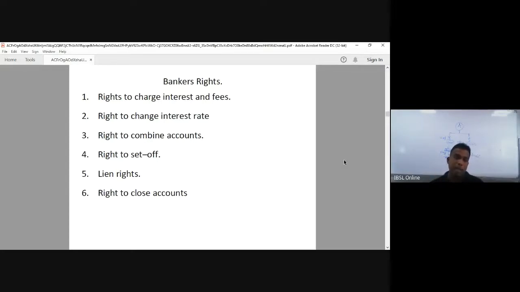Then the bank has right to set off. Otherwise, if the one customer maintains several accounts in the same bank, but in different capacities, the bank has no right to set off.